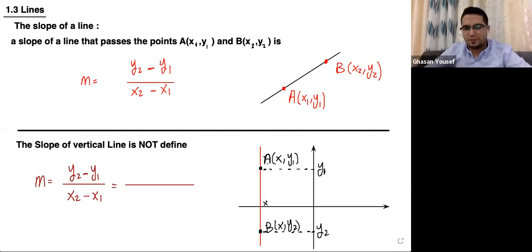Okay, so what's my y2 here? It is the same as y2. What is my y1? Again the same as y1. So y2 minus y1. What is my x2?